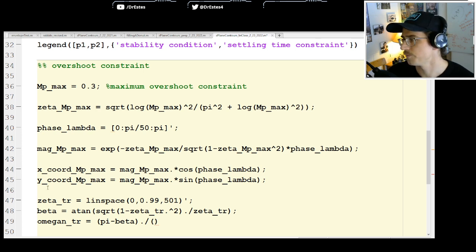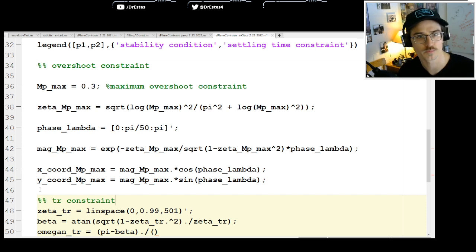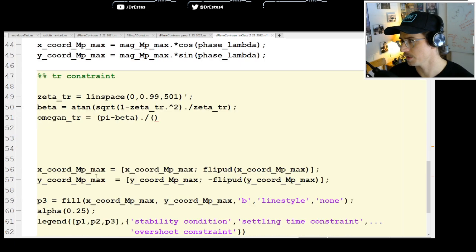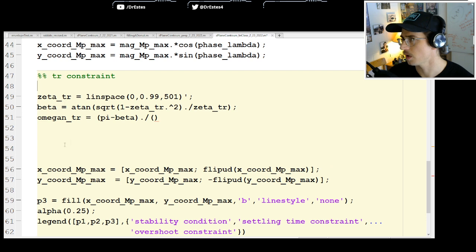Oh wait, I'm going to go in here. I'm going to put this little double percent sign, because we're starting a new section. This is our rise time constraint. I have to specify what our maximum rise time is. Oh wait, I was making new code in the middle of our overshoot section.